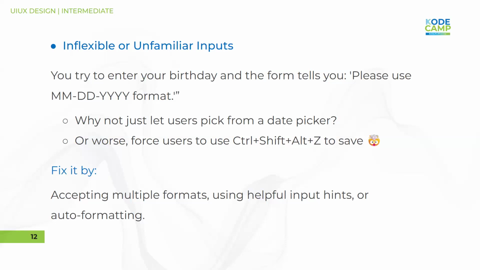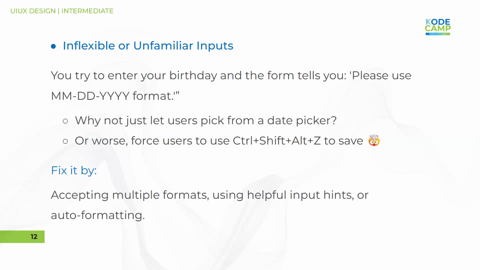We discussed last class that when you are designing, use familiar elements. Use things that users are already familiar with. Don't try to bring in new things. Don't try to be too creative and think outside the box.